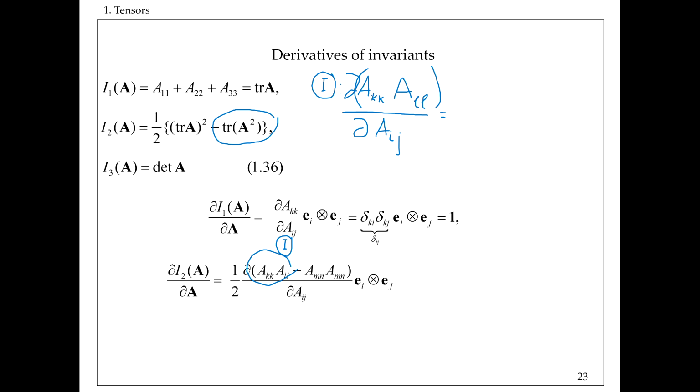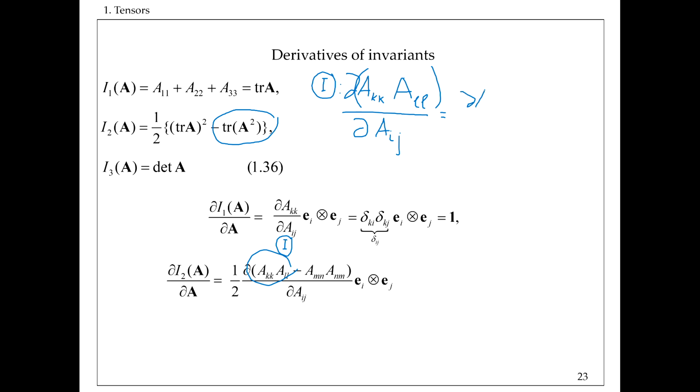So the rules here are very similar to, basically, we have a summation of these two. First I take the derivative of akk with respect to aij, and then I multiply it with all, and then I take the derivative of all, and I keep akk outside of the parentheses, so that we have two terms. But because they're basically exactly the same, it doesn't matter, kk, ll, they are the same, so these two terms will be identical. So let's write them explicitly, what I said.